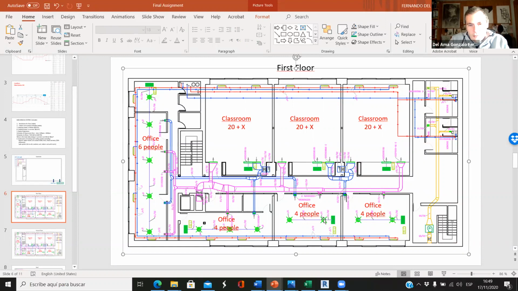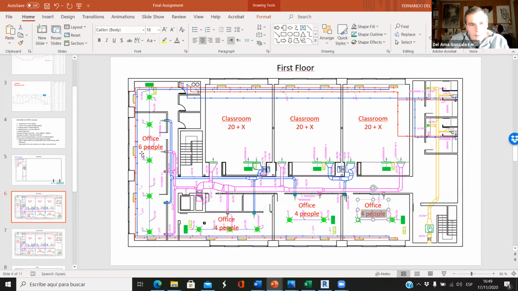And then we have offices. In those offices, we have 4 people, and in this large office, we have 6 people. These numbers will be the same. And then we have a schedule.